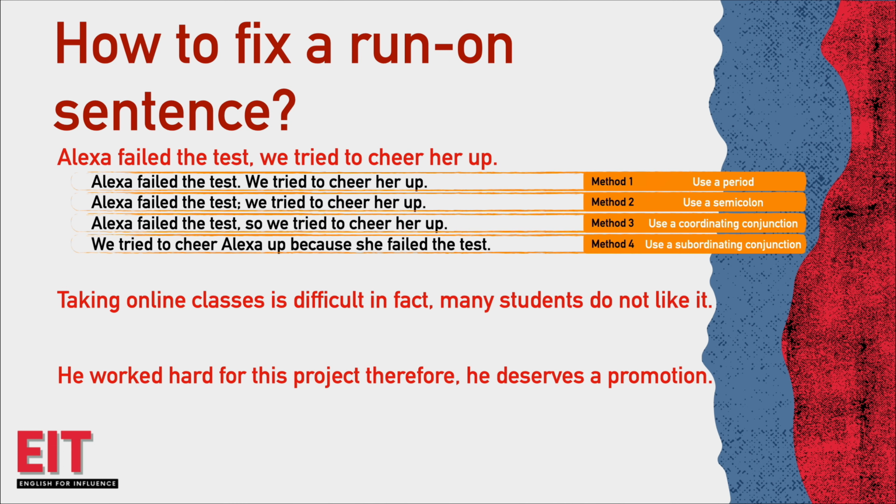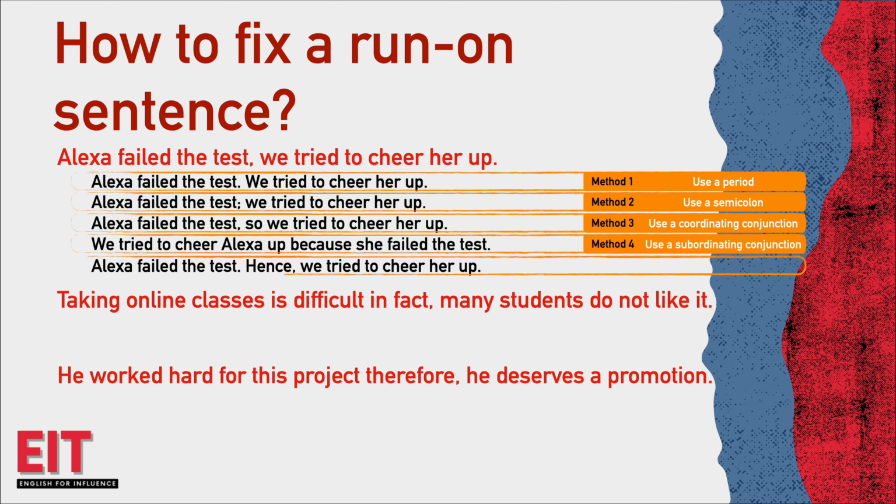Or our last option, method 5, is to use a conjunctive adverb, hence, which has the same meaning with therefore or as a result. Alexa failed the test, hence we tried to cheer her up. Notice that we had to start a new sentence since we used a conjunctive adverb.